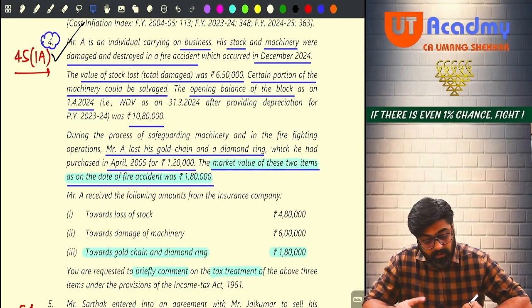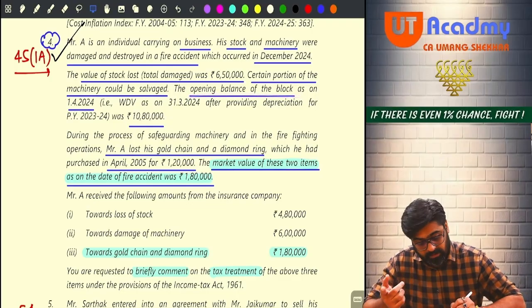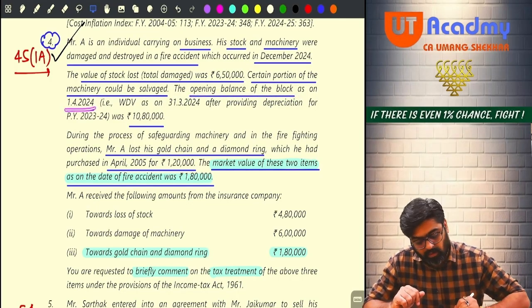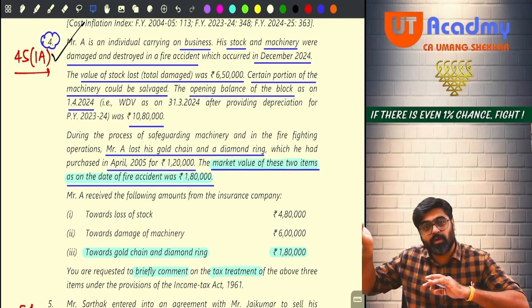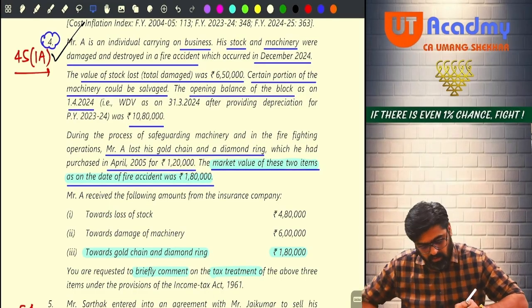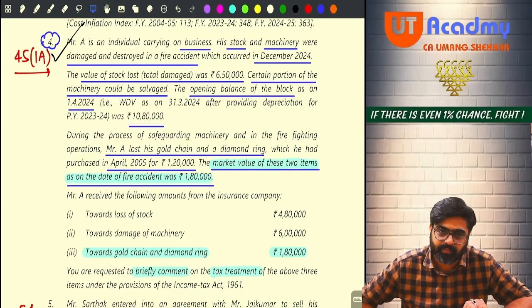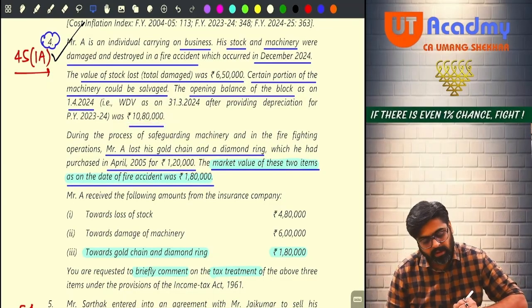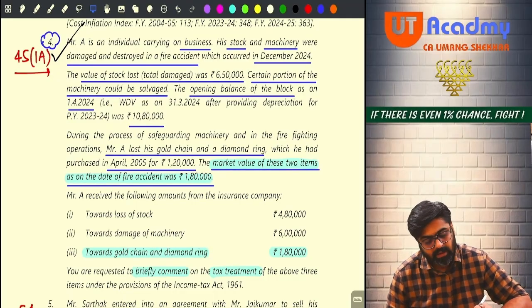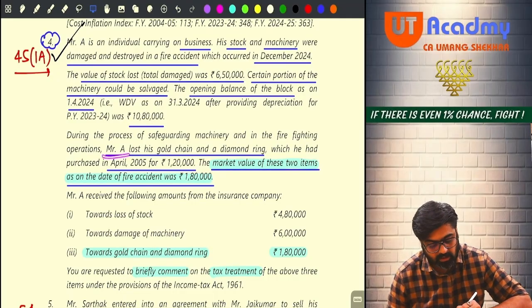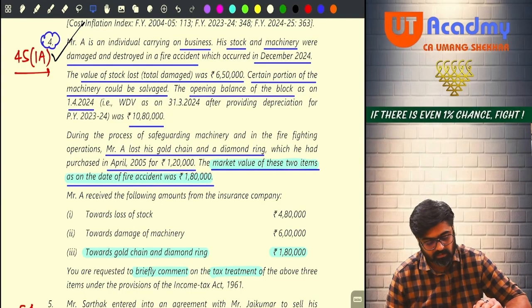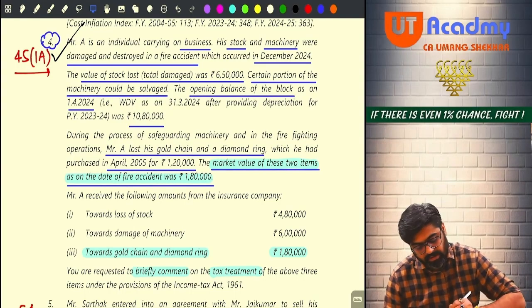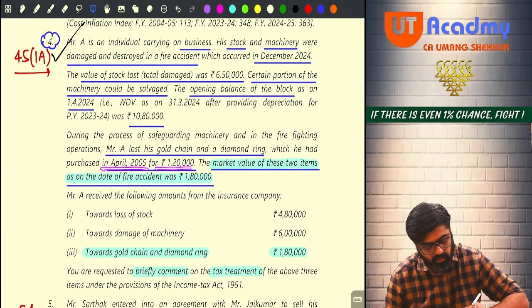The opening balance of the block of that machinery as on 1st April 2024, that is, the closing WDV of last year becomes opening in this year, is 10,80,000. Now, during the process of safeguarding machinery and the firefighting operations, Mr. A lost his gold chain and a diamond ring, meaning jewelry is also lost, which he had purchased in April 2005 for 1,20,000.